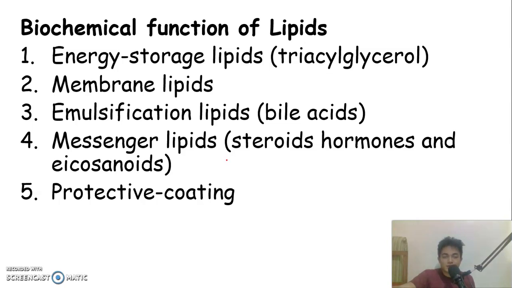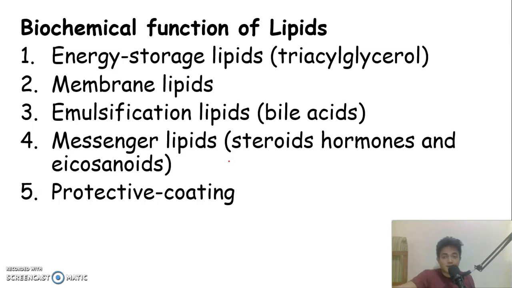Number three, emulsification or your bile acid, the one that helps in mixing up materials. Number four, this will be your messenger lipids. We've talked about this. These are your hormones. Messenger lipids are the type of cousins of fats that are involved in the communication of your body.